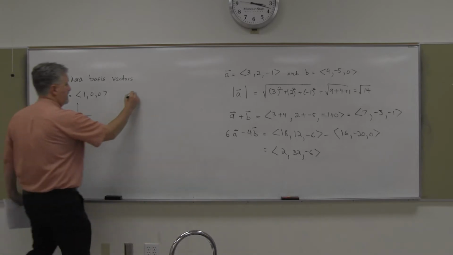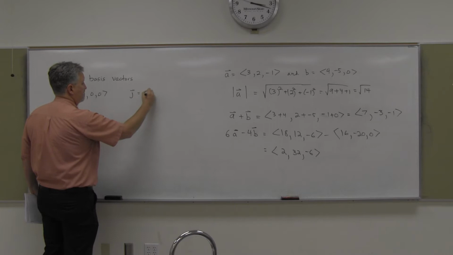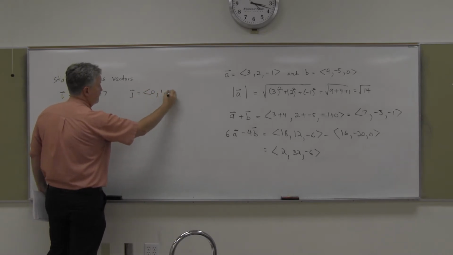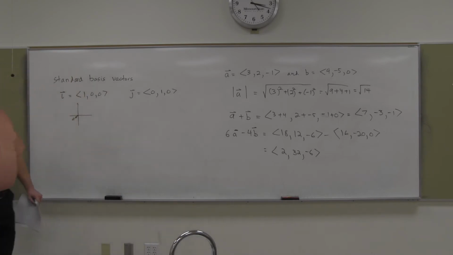Then you've got the J, which is the counterpart, where you're only going in the y direction. So it'd be the 0, 1, 0 vector, which goes in the positive y-axis direction and is 1 unit long.